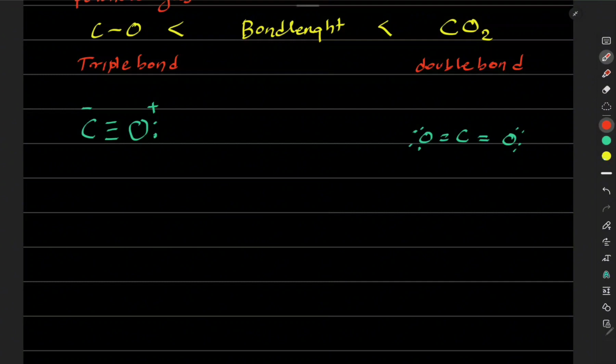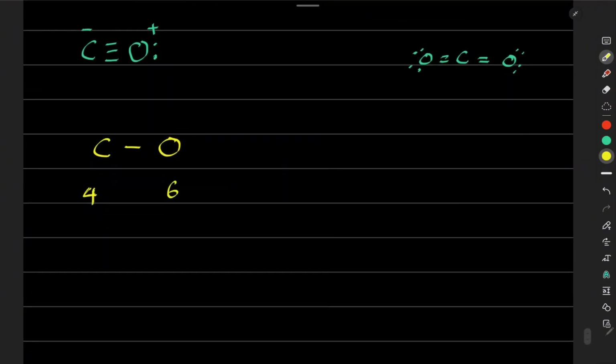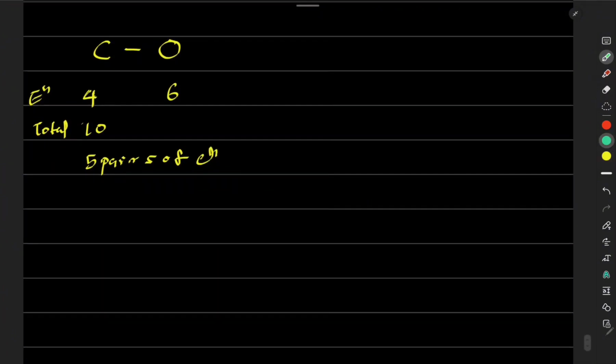Carbon monoxide. I'll draw the carbon and oxygen. How many electrons does carbon have? Carbon has 4 electrons. Oxygen has 6 electrons. Total electrons 10, so there are 5 pairs of electrons. Okay, let's do the structure. Carbon, single bond, oxygen. Oxygen is more electronegative.